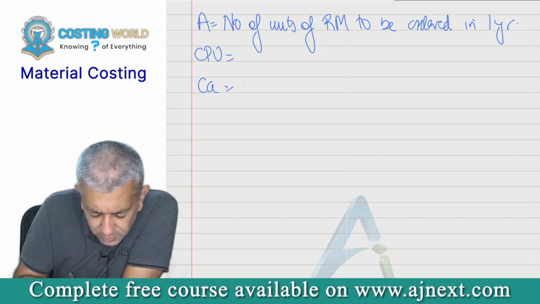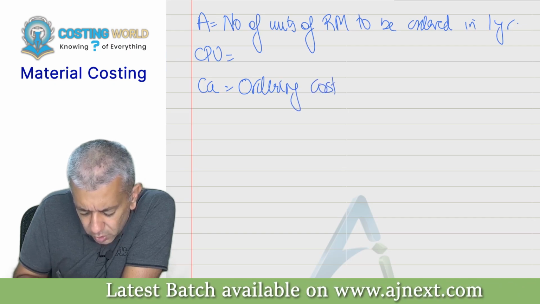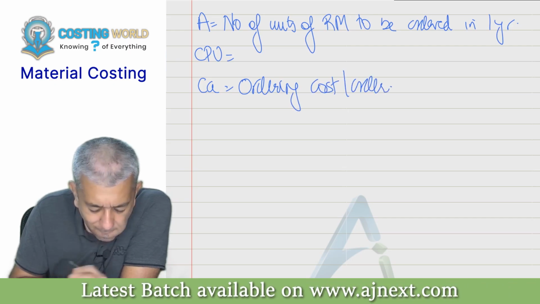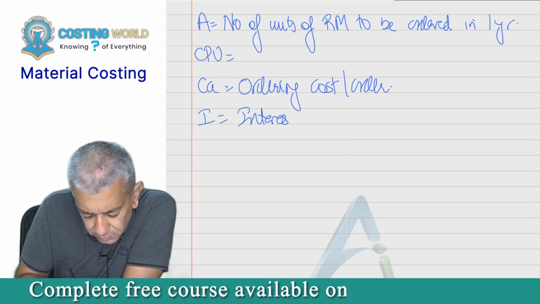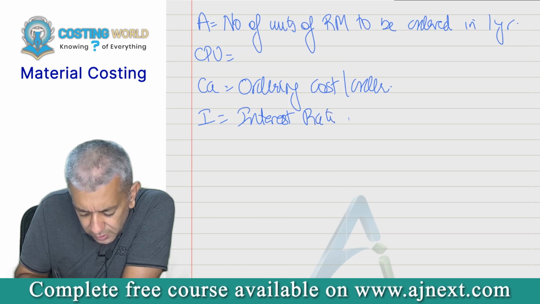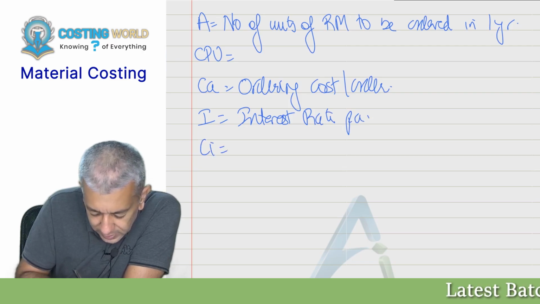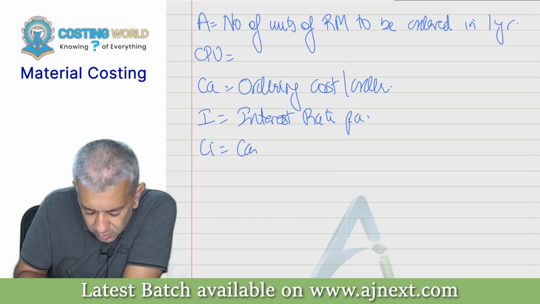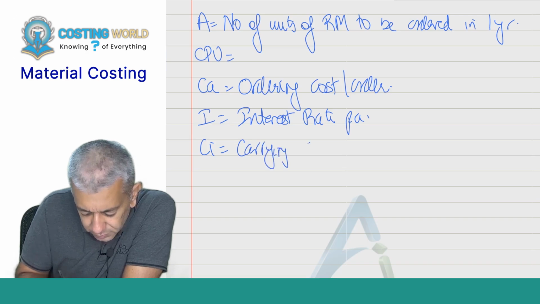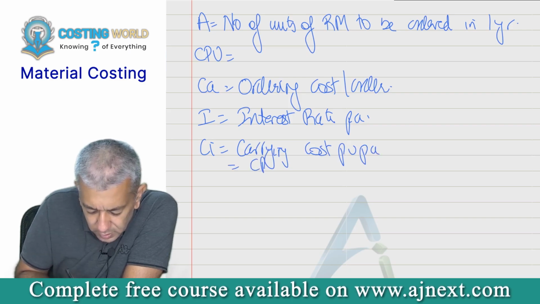CA is ordering cost per order. I, interest rate per annum. CI is equal to carrying cost per unit per annum is equal to CPU into I.